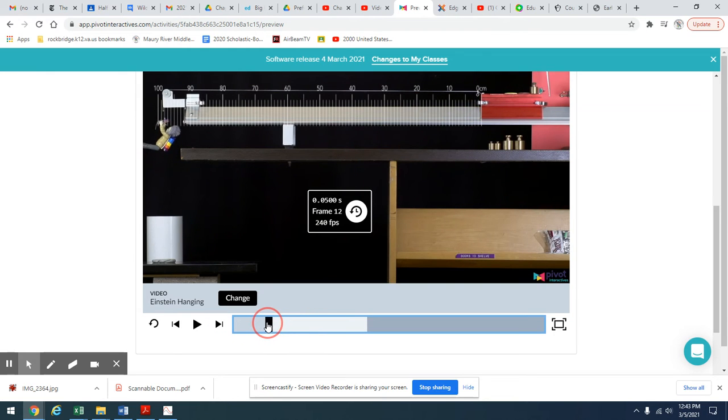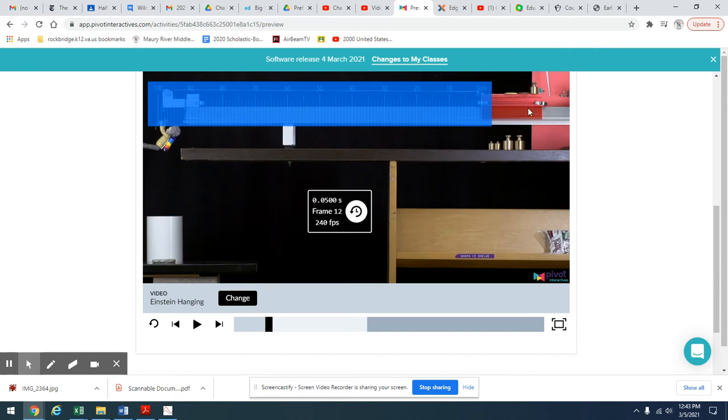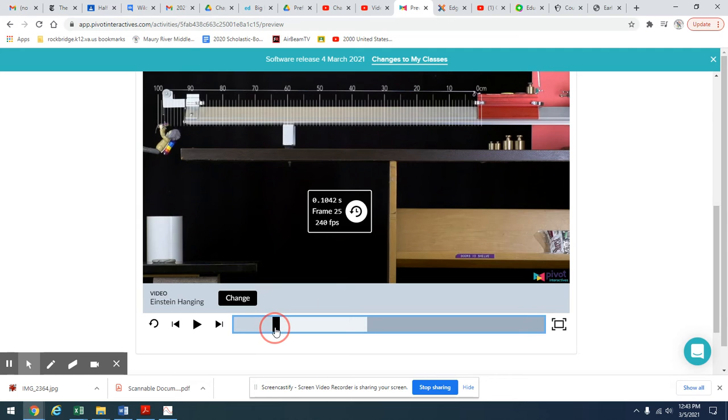So I'm going to try to get 0.05 and see where it's at. Looks like it's maybe half a centimeter, 0.005. And then at 0.15, oh dear, can't move the glider. Just kidding. I grabbed the wrong thing there.